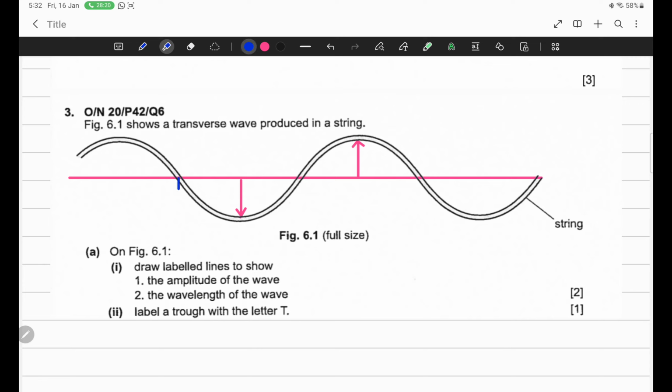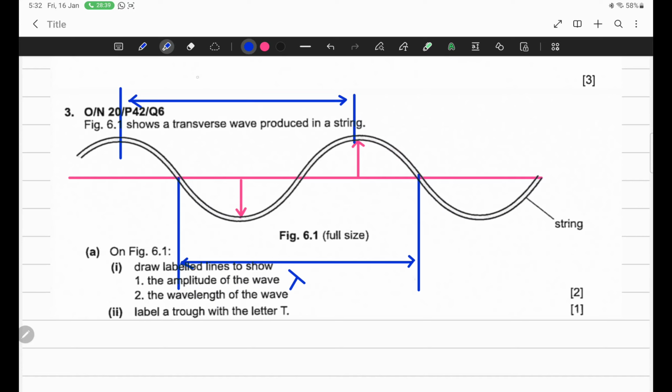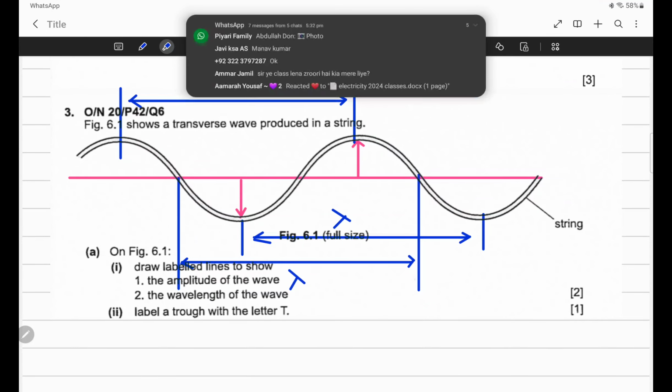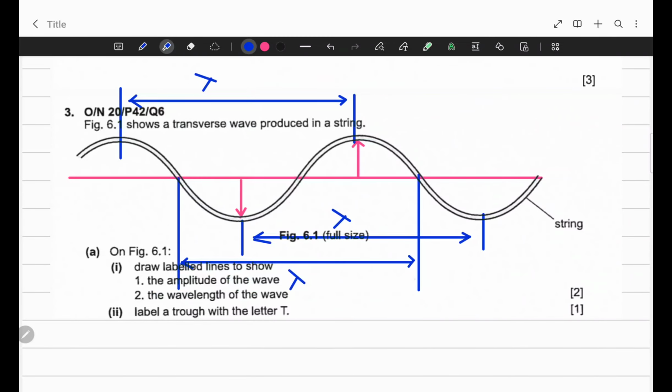Sir, one wavelength is the length of one cycle. Horizontally, wavelength, vertically, amplitude. Or it may be the distance from crest to crest, or from trough to trough. Or the length of one cycle. It is called one wavelength.